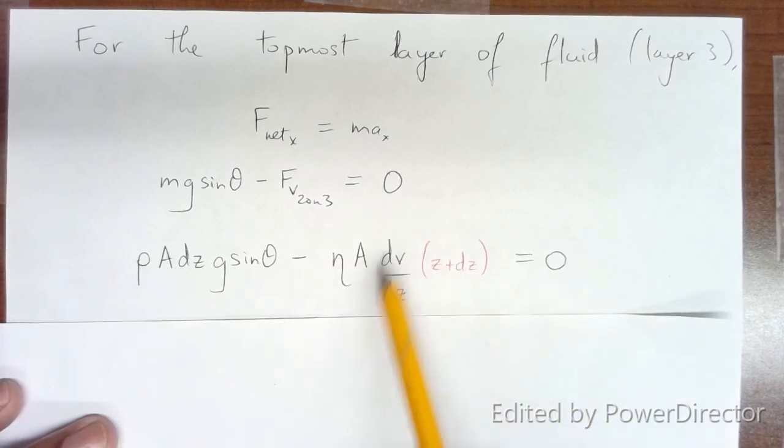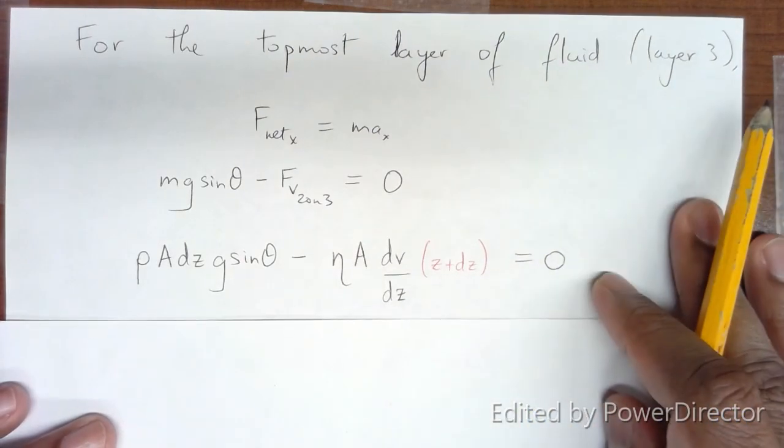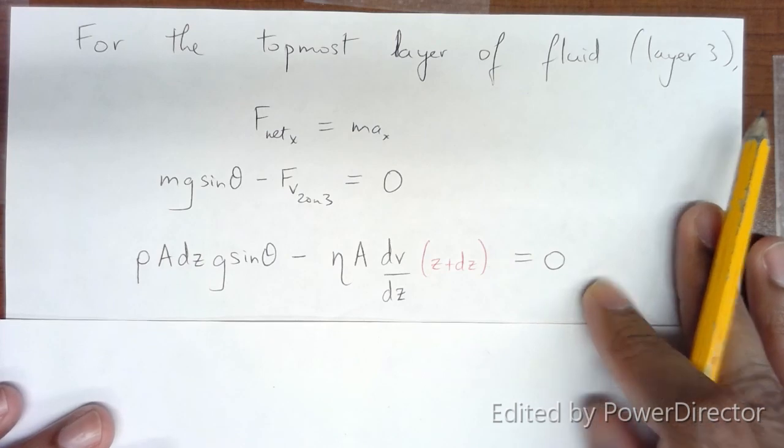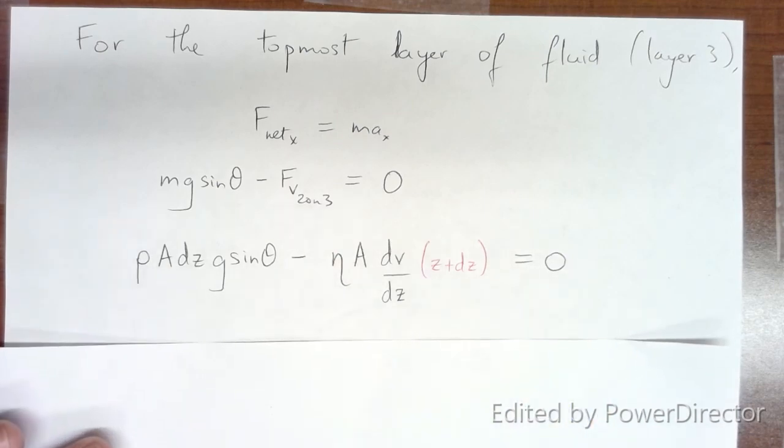Here we just have the velocity gradient at one position, z plus dz. Still, this is a true equation, and so it should hold no matter what value of dz we take. In particular, in the limit as dz goes to 0, this equation should still hold.